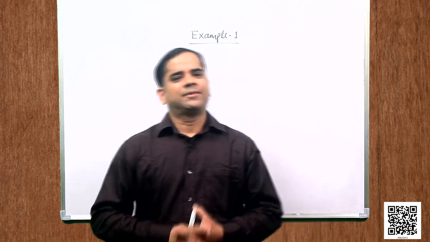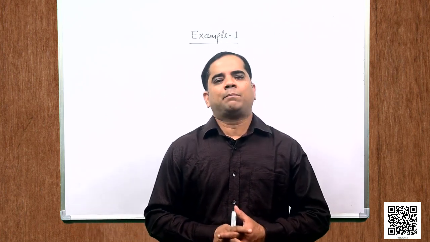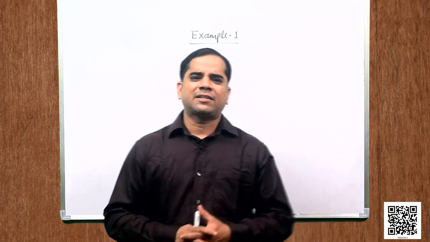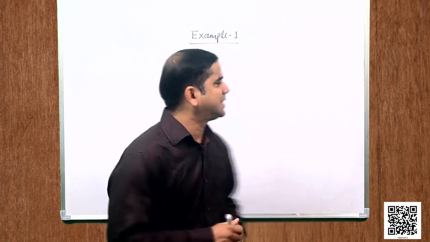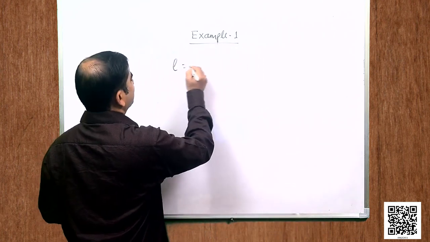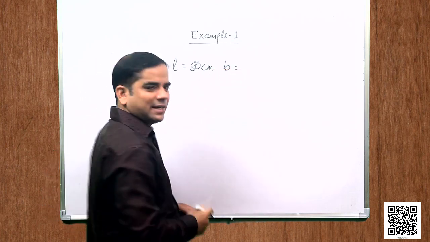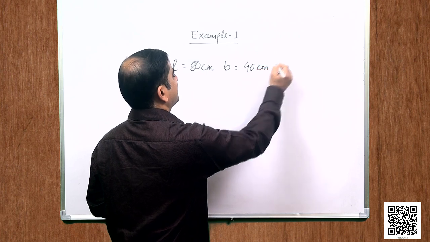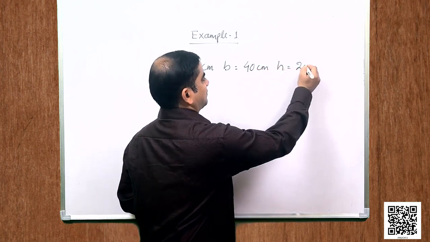Students, since Mary wants to cover the box from the outer side, let us focus on the given data: length is 80 cm, breadth is 40 cm, and height is 20 cm.